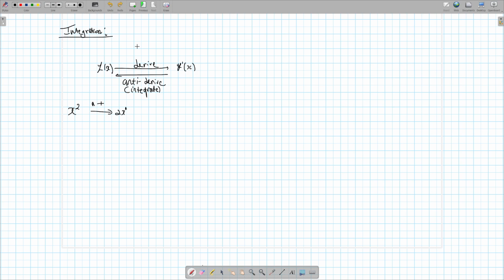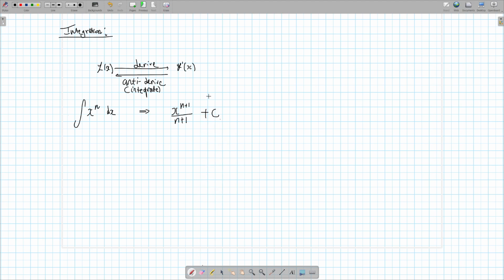So, the general rule for any integral: the integral of x to the power of n dx is equal to x to the power of n plus 1 over n plus 1, plus c. If you don't write plus c, your whole question is wrong. You have to say plus c.